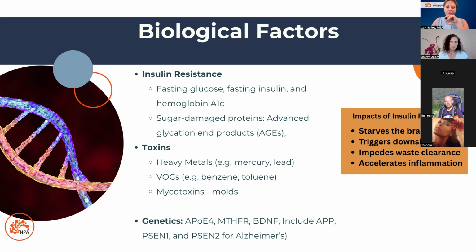And the last piece here is your genetics. APOE4 is the marker, the genetic alleles that you have that are correlated with Alzheimer's. If you have those, it doesn't mean you're going to get Alzheimer's. It means that your risk is much, much higher. MTHFR is your inability to methylate and process B vitamins, so that affects your energy level, and that is surprisingly high.